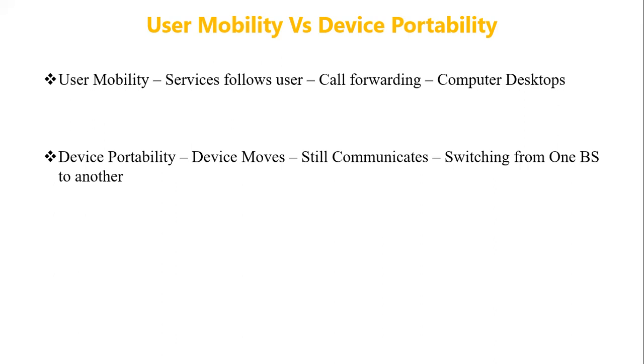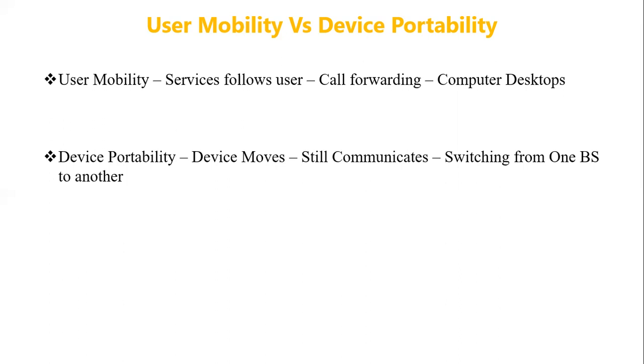So one example is the mobile phone switching from one base station to another. Say for example, you are in a location where your signal is getting very low, then automatically your mobile phone will switch from this base station to some other base station. So in that case, when the device moves, it is able to still communicate, because it adapts to that particular environment.